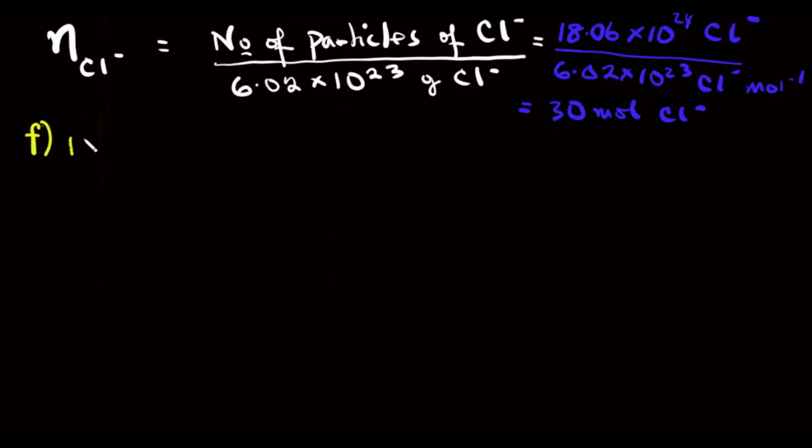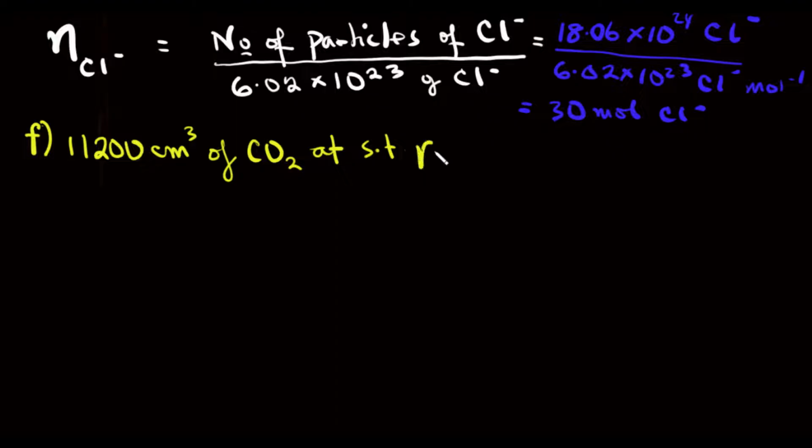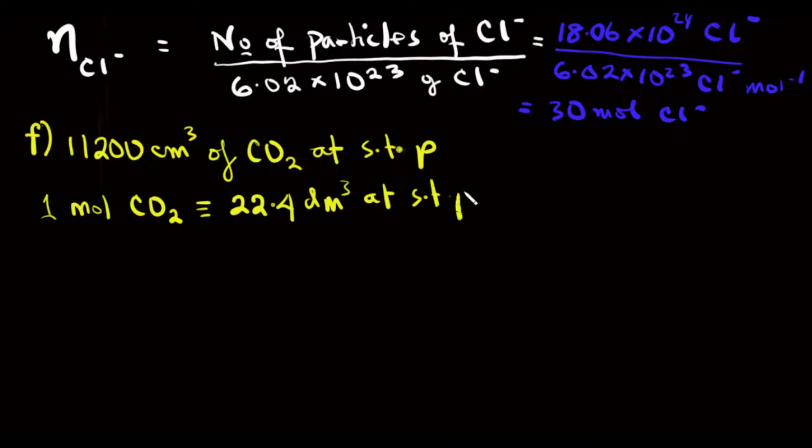F, to convert 11,200 cm cube of carbon dioxide gas to mole at STP. Okay, so 1 mole of carbon dioxide will occupy what? 22.4 dm cube at STP, right?